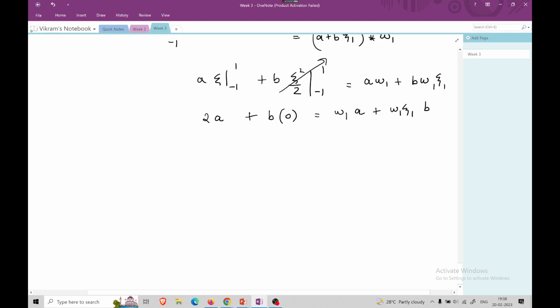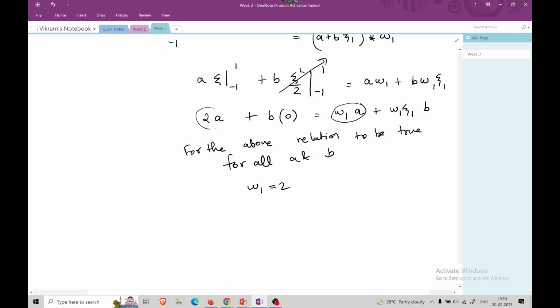So for the above relation to be true for all a and b, the coefficients should match. Which means w1 is 2, so these two terms should match and these two terms should match. For the coefficient of b, 0 is equal to w1 eta 1.